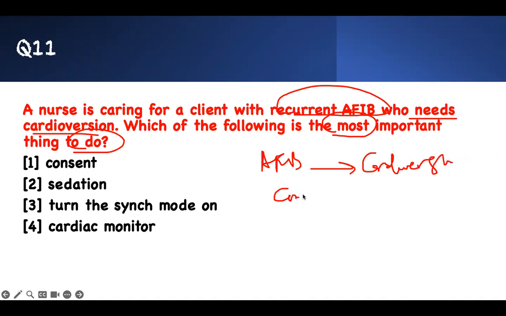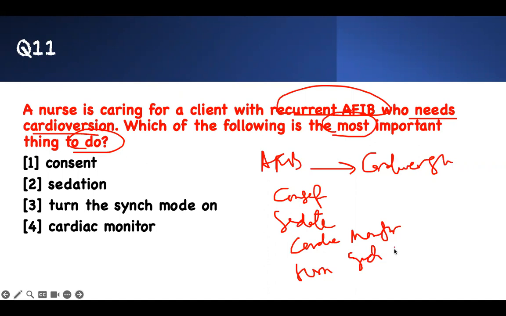I need a consent. I need to sedate you. I need to have a cardiac monitor. I need to turn on the sync mode. Which one is the most important?